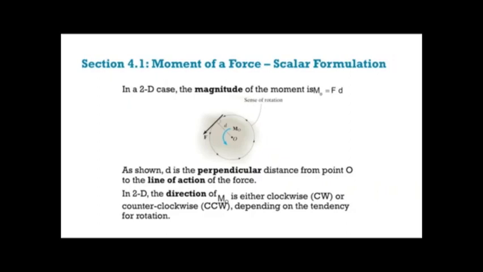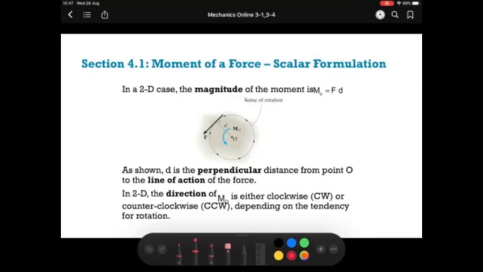So the moment of force, or actually the scalar formulation. In the case of two dimensions, the magnitude of the moment is equal to the force multiplied with the distance d, where d is the perpendicular distance from the considered point that you want to find the moment about to the line of action of the force.